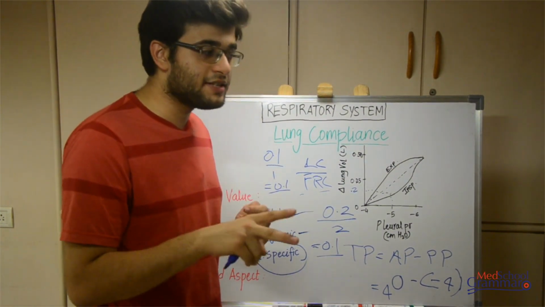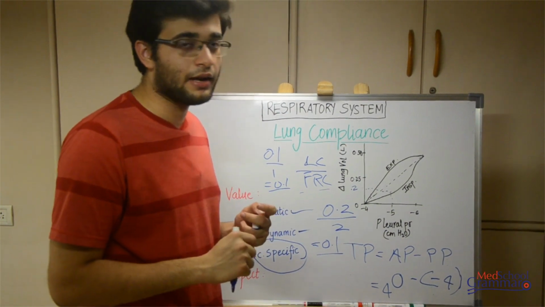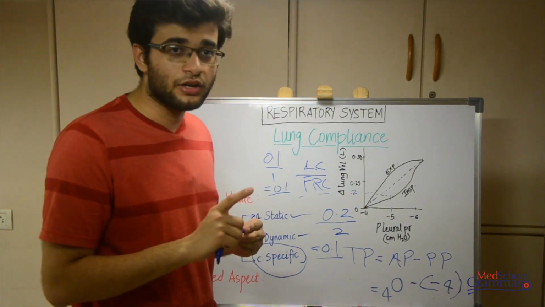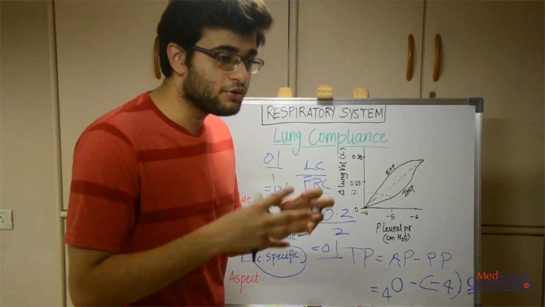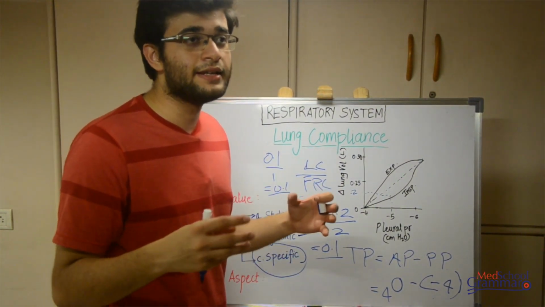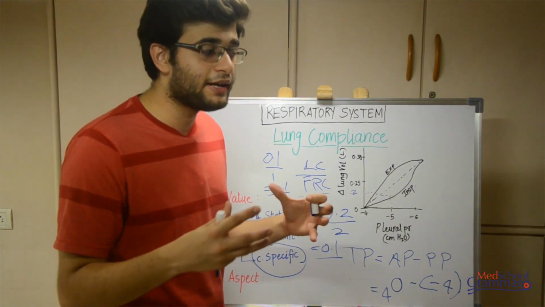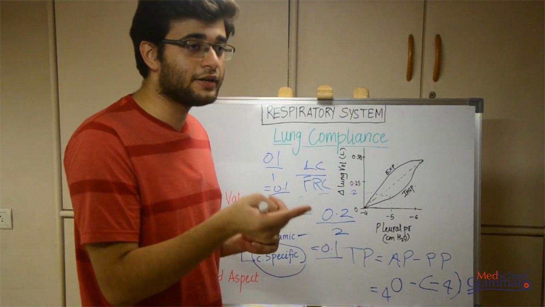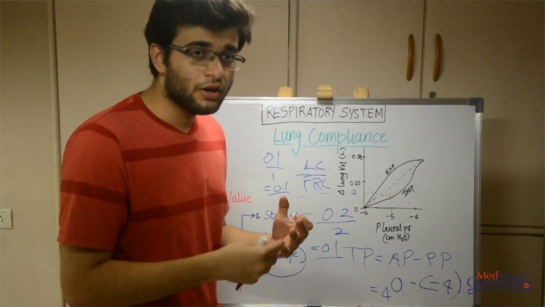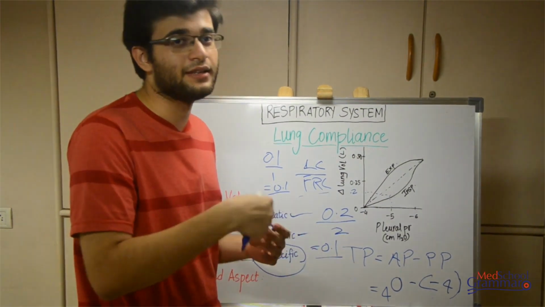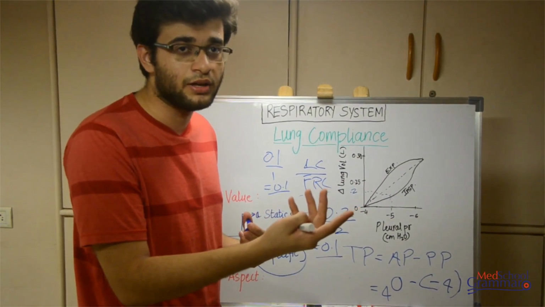The second, or the major part that causes 2/3 of this lung compliance, is due to surface tension. As we saw earlier, surface tension tends to reduce the lung volume, and lung compliance means the distensibility or ability to expand and recoil. So the surface tension contributes to 2/3 of the lung compliance and decreases the lung compliance if there is increase in the surface tension above normal.